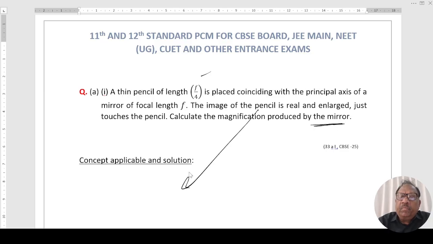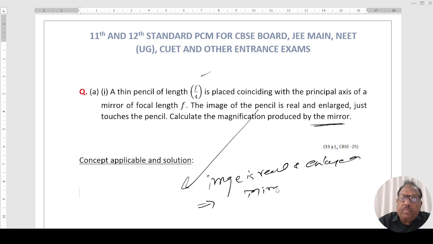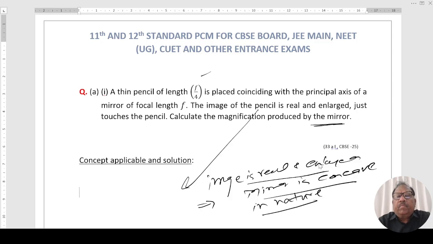According to the question, as the image is real and enlarged, the mirror is concave in nature.